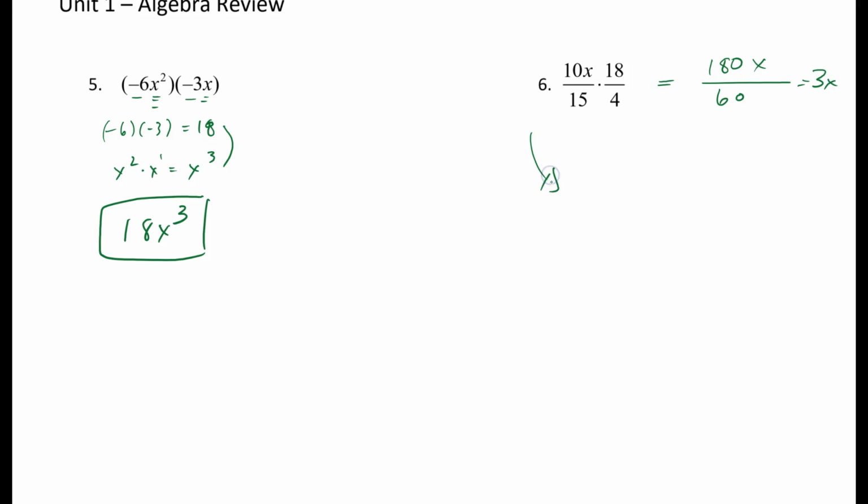One other way to do this would be to simplify the individual fractions first. I'll show you how that would work. 10x over 15 times 18 over 4. Well, 10 over 15 is the same as 2 over 3. We'll reduce that first, and then we have 18 over 4. That's the same as 9 over 2.